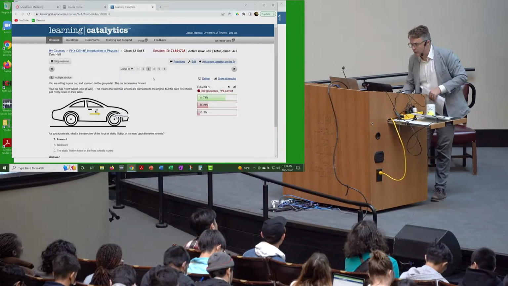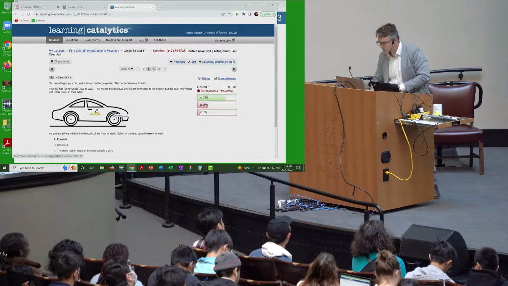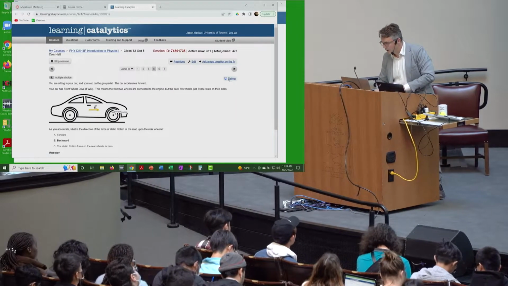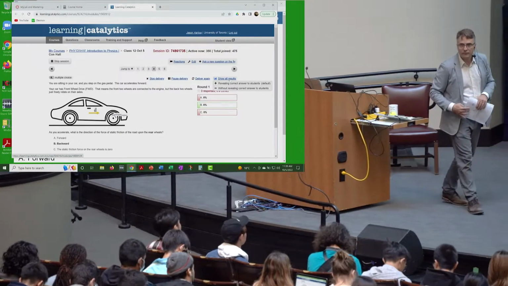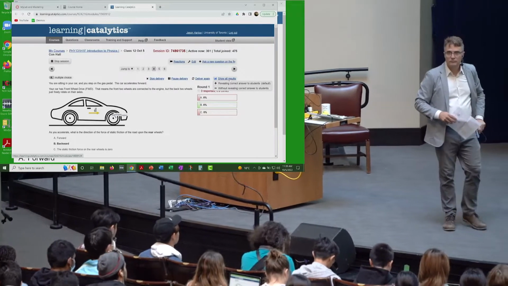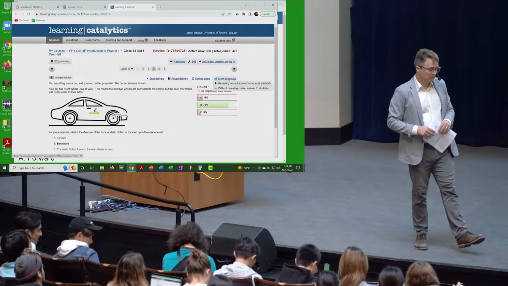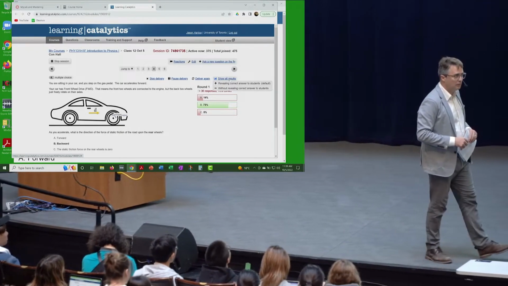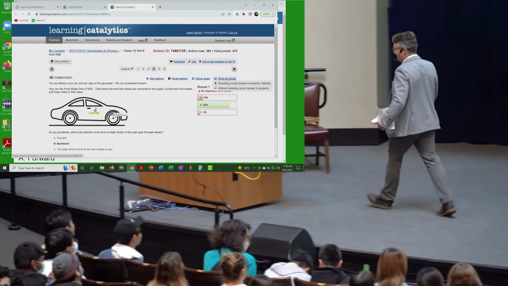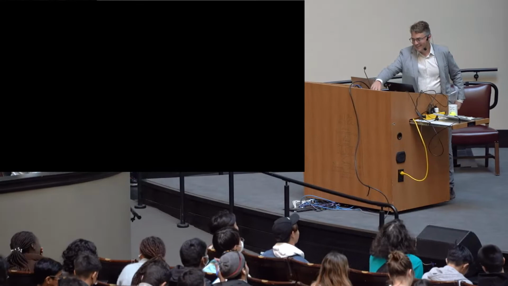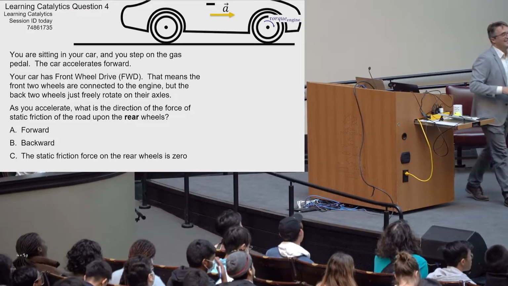So second question, very similar to this last one, exact same situation. What about the back wheels? Give you another minute. Oh dear.